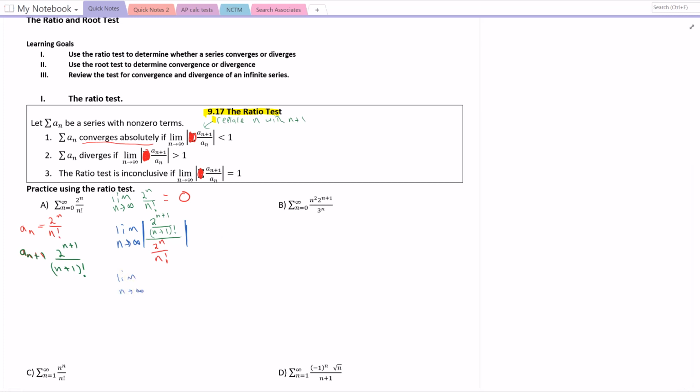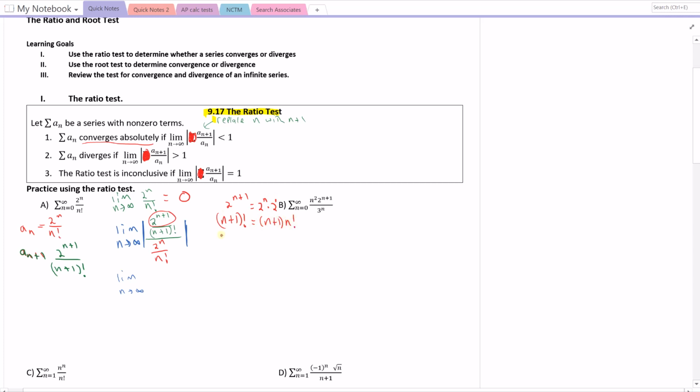Let's see. To rewrite this, 2 to the n plus 1 is the same as 2 to the n times 2. This is the property of exponential functions. It's like 2 to the n times 2 to the 1. You can add those exponents. And then n plus 1 factorial can be written as n plus 1 times n factorial.